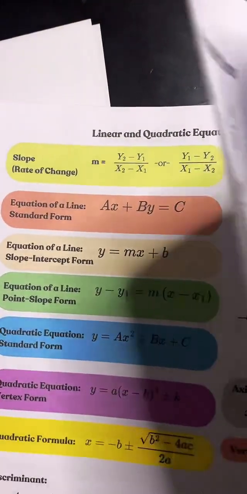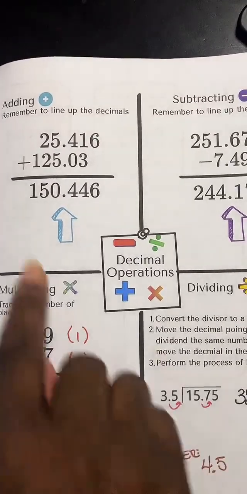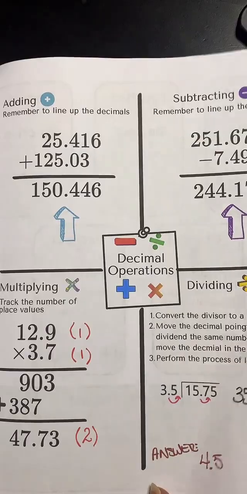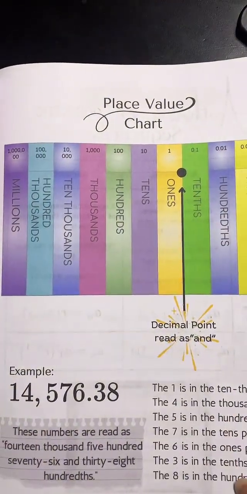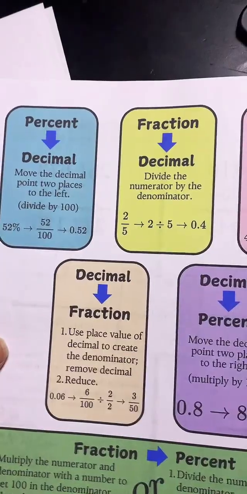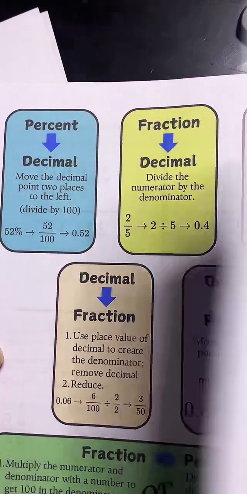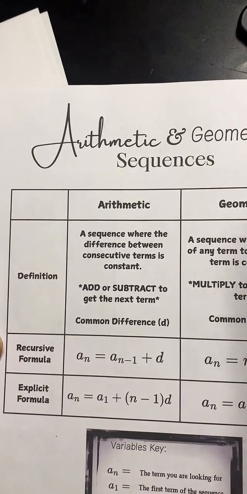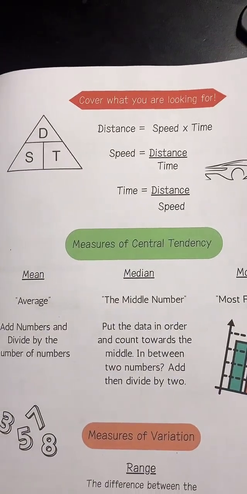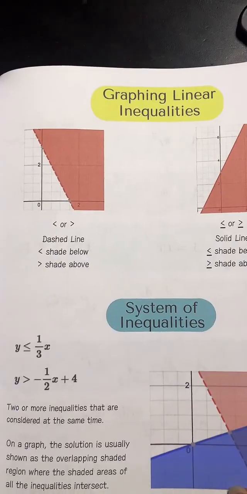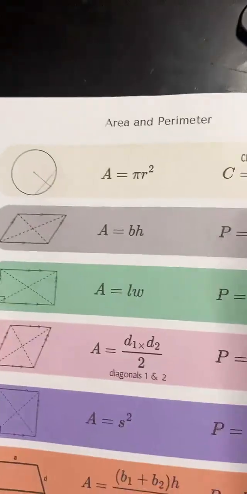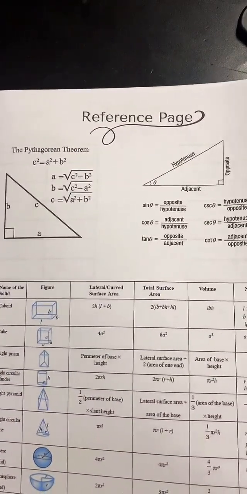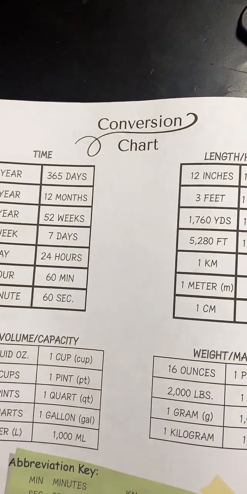Linear and quadratic equations, fraction operation, decimal operation, what to do when you add, subtract, multiply, and divide decimals, place values, okay? We have our fractions, how to go from a percent to a decimal to a percent, arithmetic or geometric sequence, the measures of central tendency, graphing linear inequalities, system of inequalities, system of equations, area, perimeter, and then Pythagorean theorem, trig, and then conversion charts.